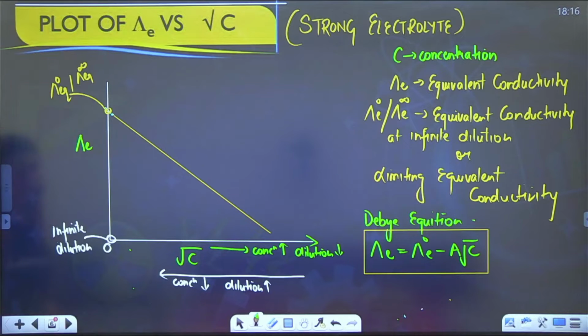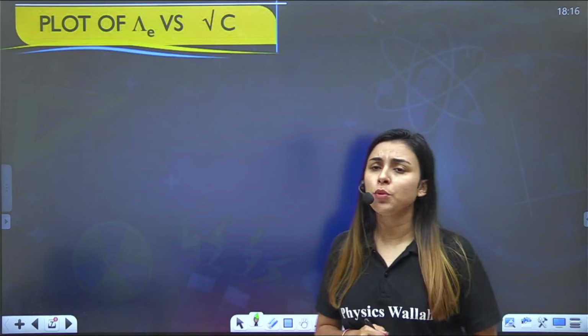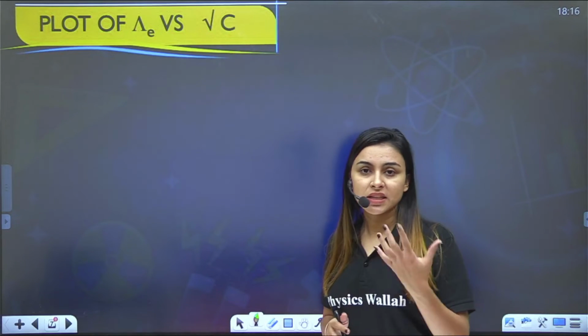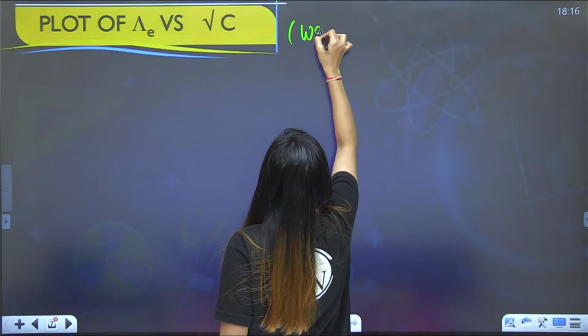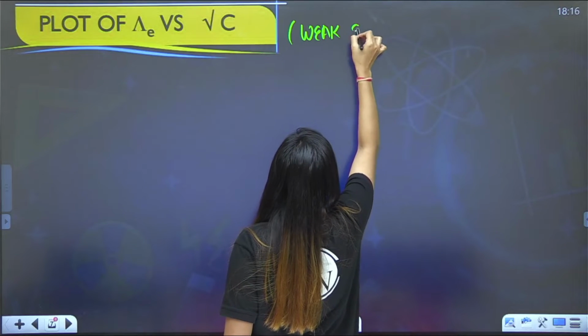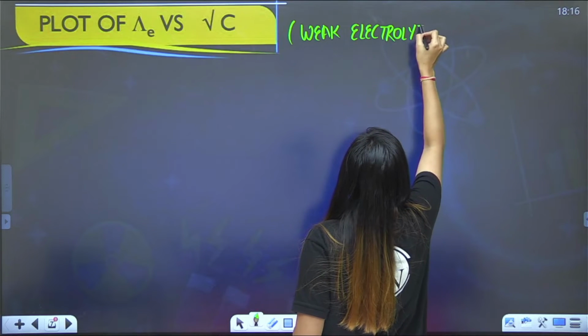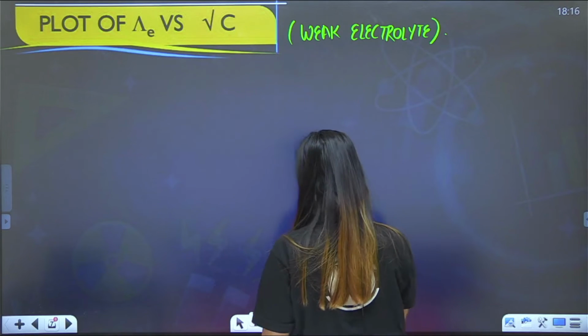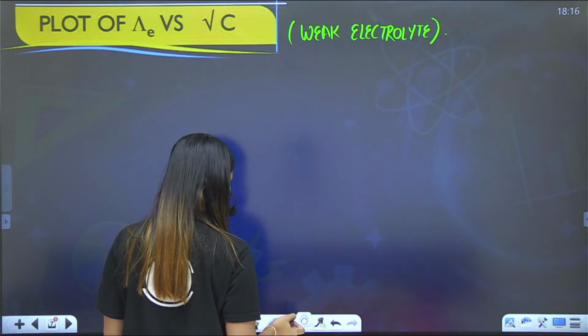Let's move forward. Now we'll be drawing a plot for lambda, that is equivalent conductivity versus root of concentration for weak electrolyte. This time we will be talking about the weak electrolyte. Now let's try to understand this. So again we have to plot a graph.